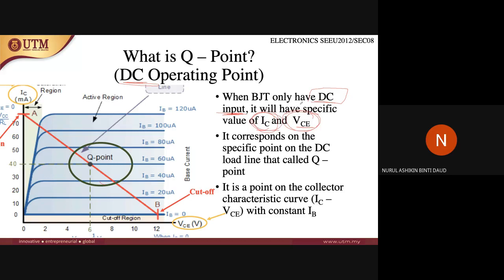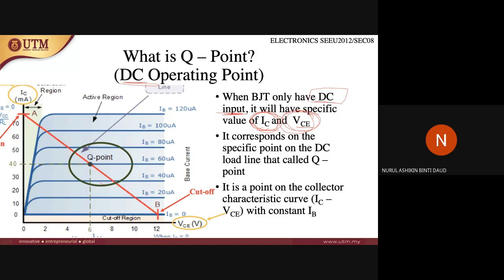Since only 1 volt is applied to the base, it will produce a specific base current, and from the specific base current you get specific values of IC and VCE. So it corresponds to a specific point on the DC load line. Since IC and VCE are now specific, the point Q is also specific.